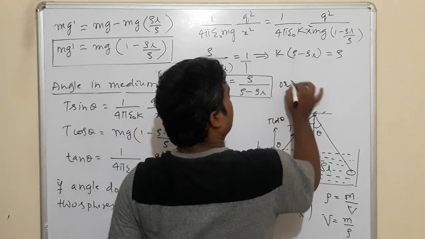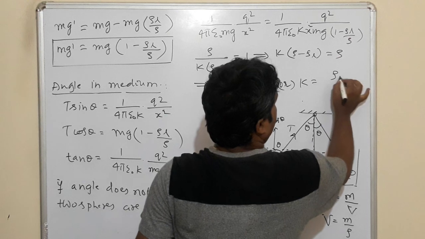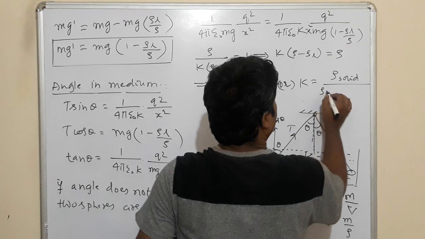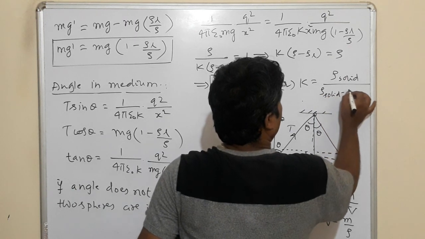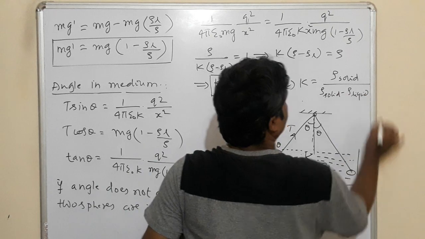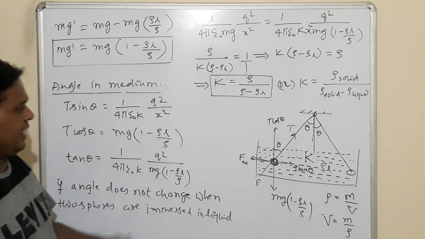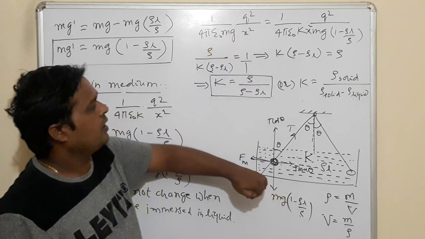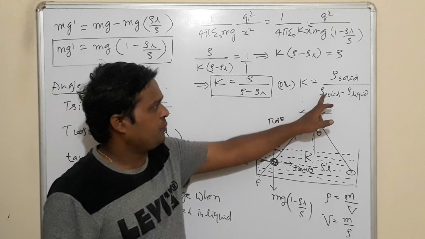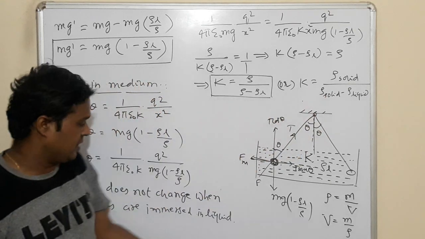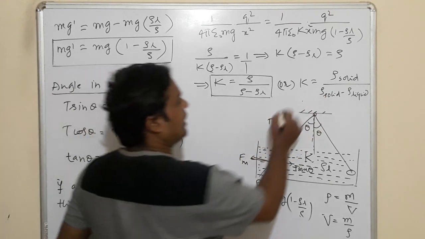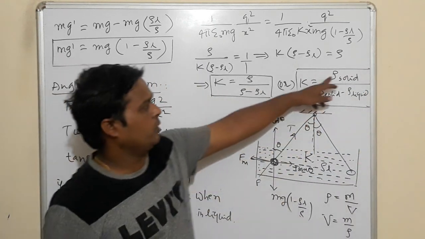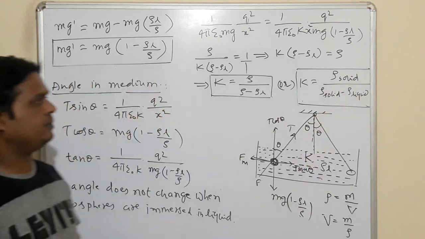Remember it very easily: k is the density of solid divided by the density of solid minus the density of liquid. In the case of two suspended charges, if the medium is changed, and after changing the medium the angle remains the same, if it is mentioned in the question that the angle does not change, then you can calculate k easily by using this formula: density of solid divided by density of solid minus density of liquid.